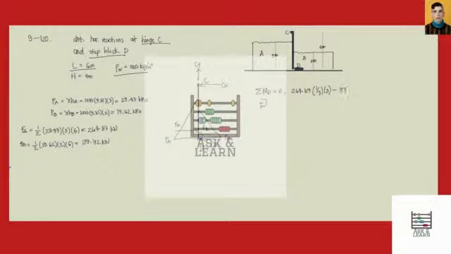Together, and then compare that to how many particles.